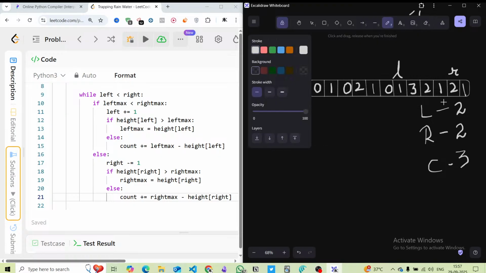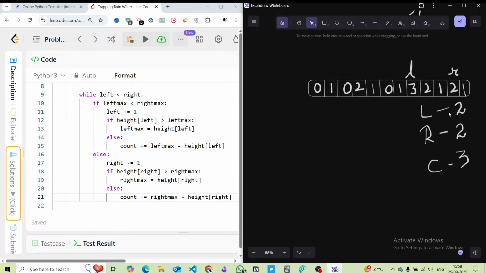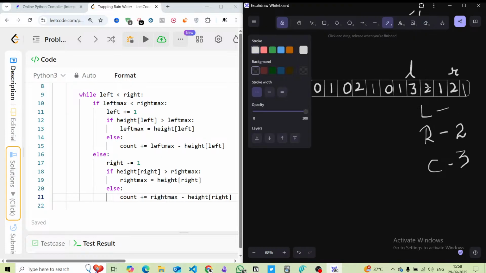Right. So again, check two less than two. No. So we just move the left pointer. So here, 3 is greater than 2, right? So we just modify this. Okay.